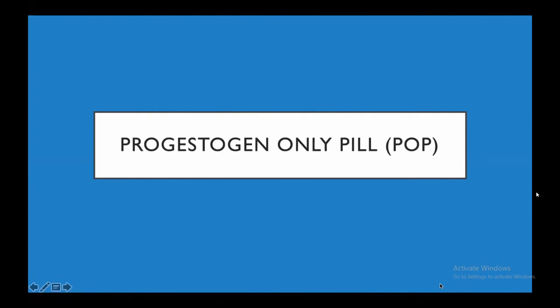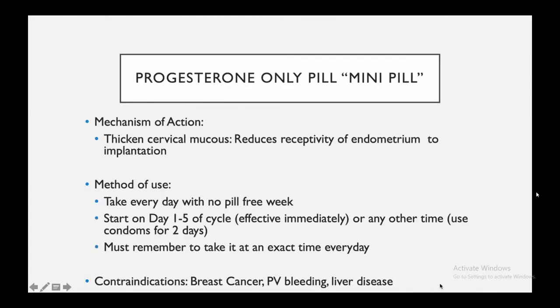The next method I want to highlight is the progesterone-only pill. Again, you want to explain the mechanism of action. Progesterone, as we know, thickens the cervical mucus, creating a hostile environment, and reduces the receptivity of the endometrium to implantation.